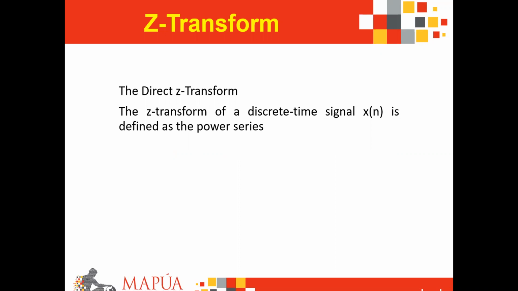One is if the signal x of n is discrete and finite, meaning the signal is limited, in this given form, then the transform is basically direct.